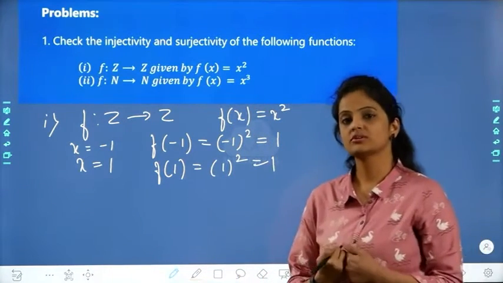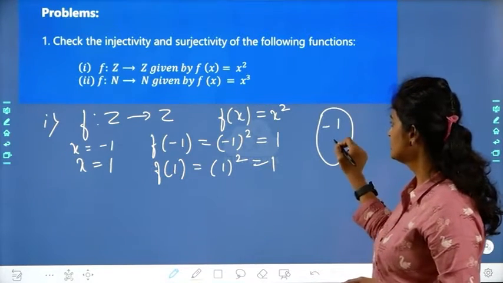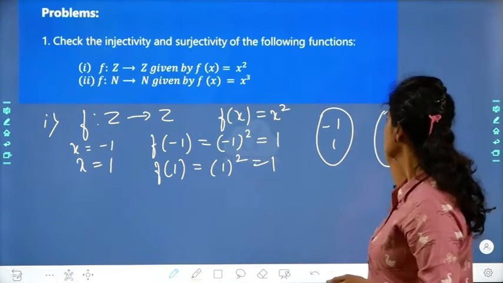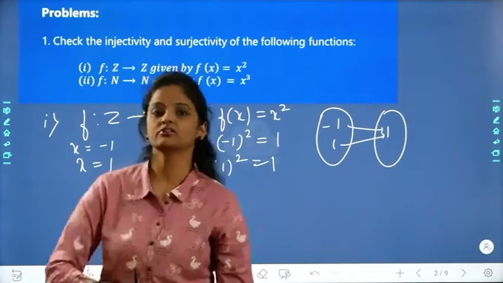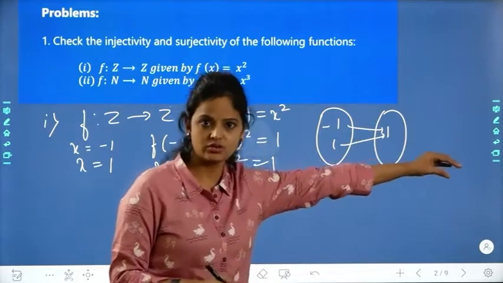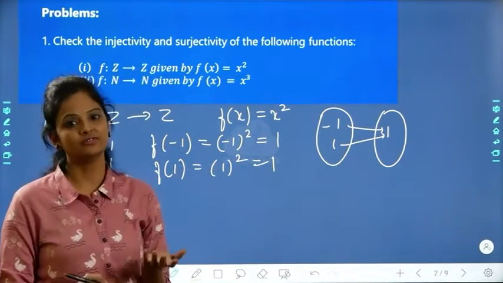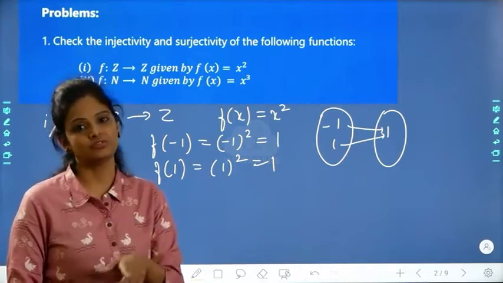So for both the numbers the mapping is going to 1, which means it is not a one-one function. It is a function, of course, but not one-one.